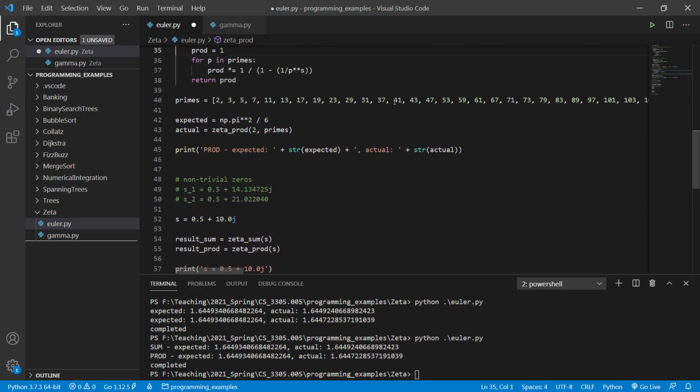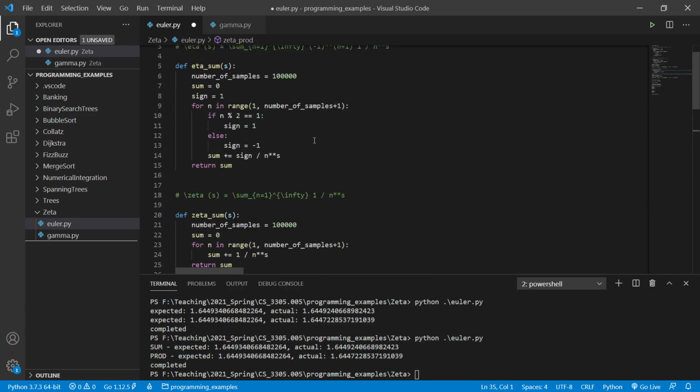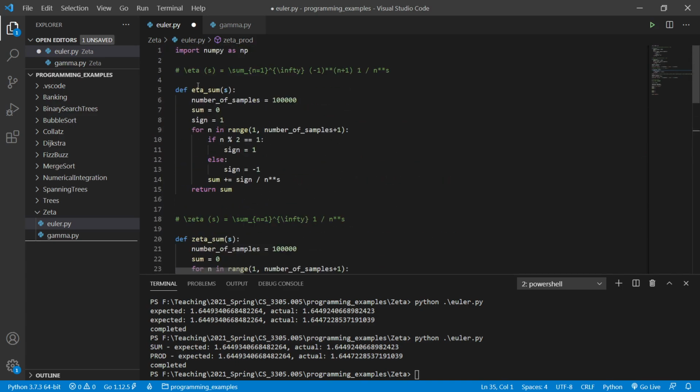Okay, so now as we go through and we look at our non-trivial zeros, this is the eta sum. We need one more level of indirection. Right? So now we need zeta from eta.